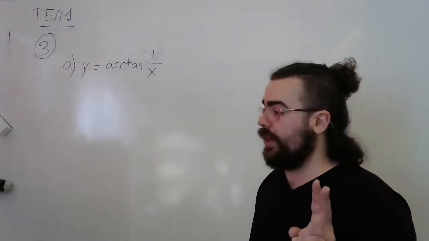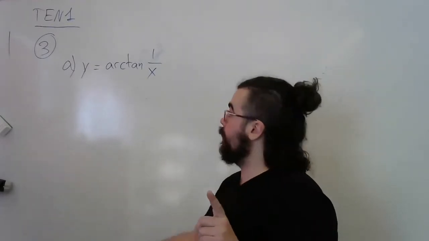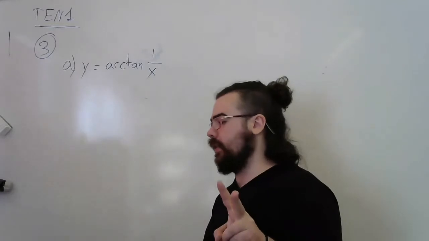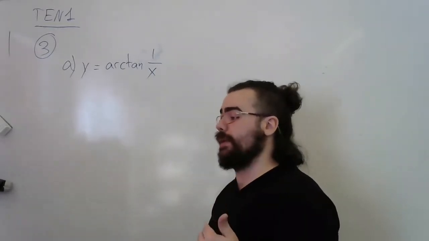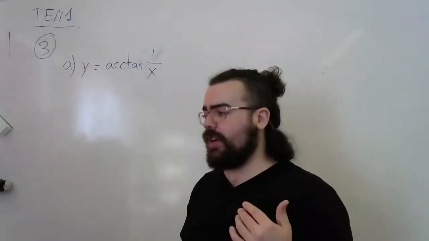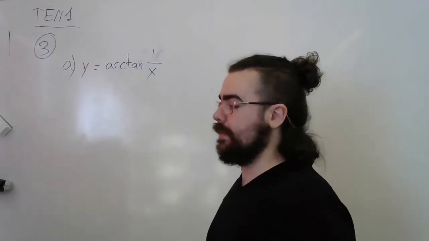There are two ways to solve this. One of them is if you know what the derivative of the arctangent is, and another one is if you don't know it. So first of all, we're going to cover the case in which we know what the derivative of this is.